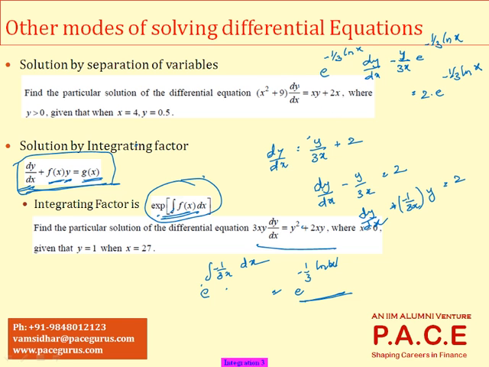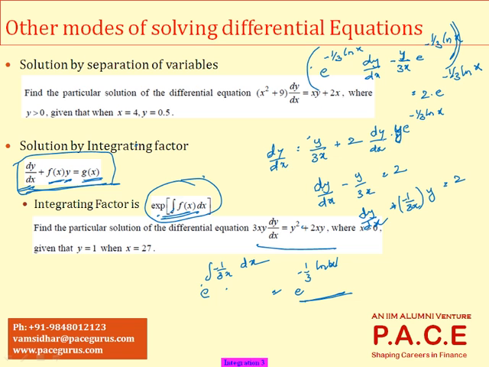Here comes the twist. You try to see these two put together, this entire thing put together. This is nothing but d by dx of y into e to the power of minus 1 by 3 log x.